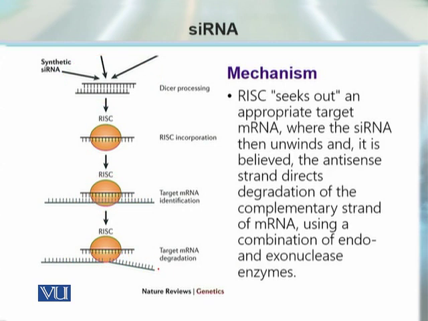This degradation is going to cause gene silencing, and at the same time another option can be accessed here: when this RNA molecule itself gets cleaved, it can be used as RNA interfering molecules again.